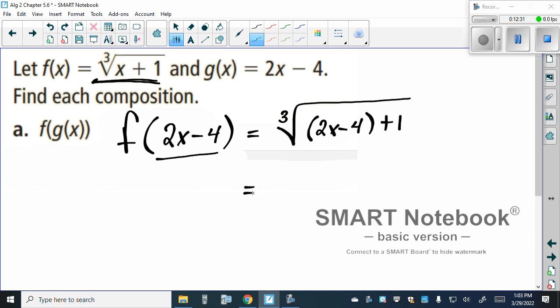Now we can look at the parentheses around our 2x minus 4. Is there anything being multiplied by it or that we need to change? Or can we just drop those parentheses? We can drop them because there's nothing in front being multiplied. It doesn't have an exponent. We can drop them and combine our only like terms. Negative 4 plus 1 is negative 3.